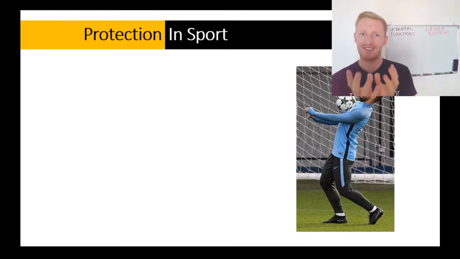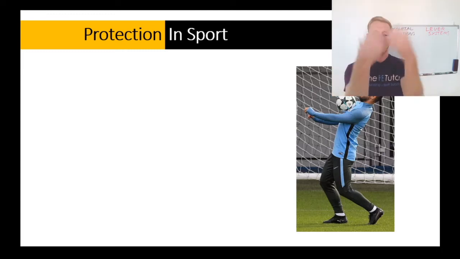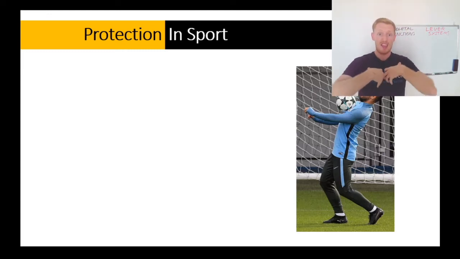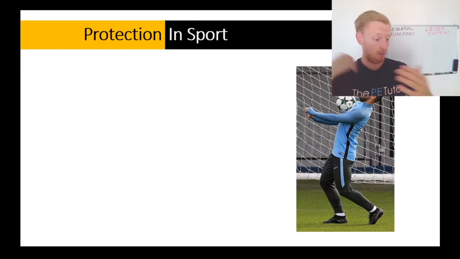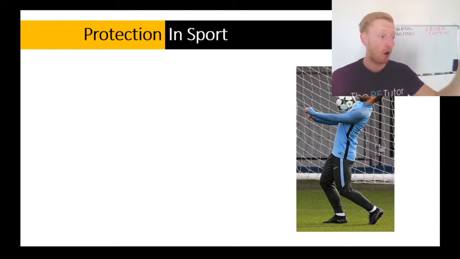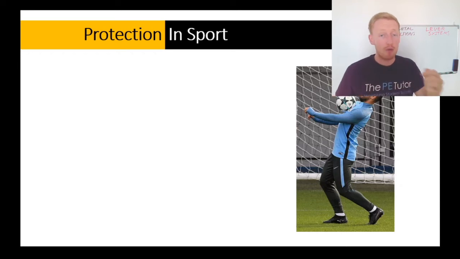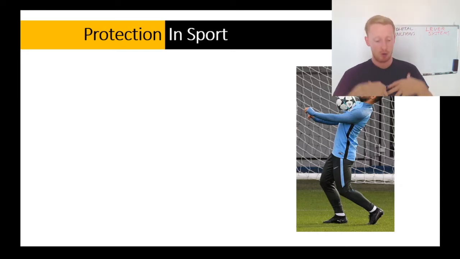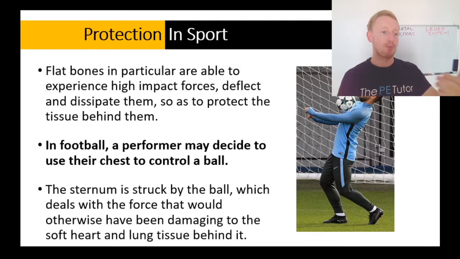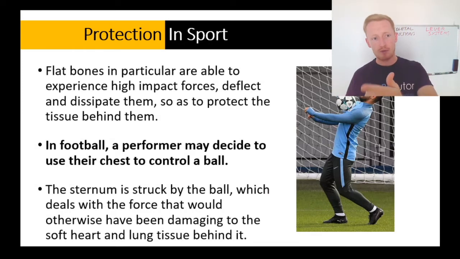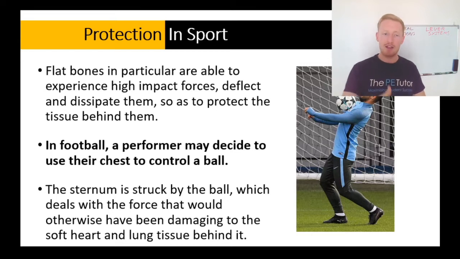And yes, a football isn't that heavy, but that's still going to be generating a large force, which if that hit the heart or lungs 100% full on, I wouldn't mind saying that person will die instantly because the heart would just blow up. So the bones are there, the skeleton's there wrapped around it to offer the protection. That ball's going to hit the bone, energy dissipates sideways, major organs behind are left protected. So the flat bones there in particular are there to absorb high impact.